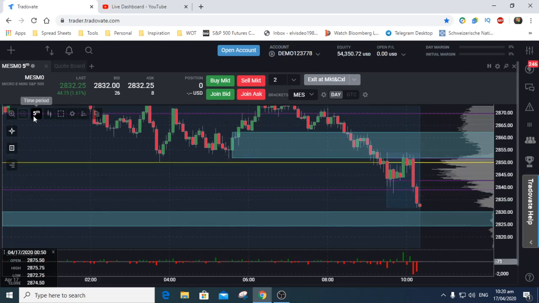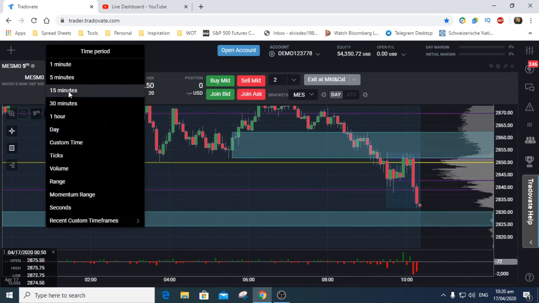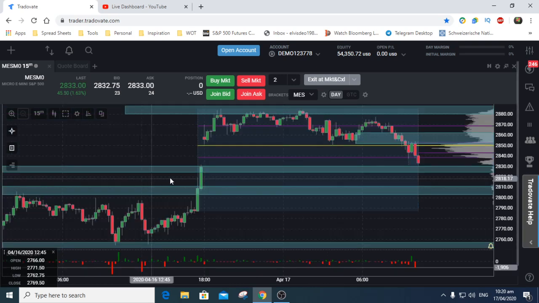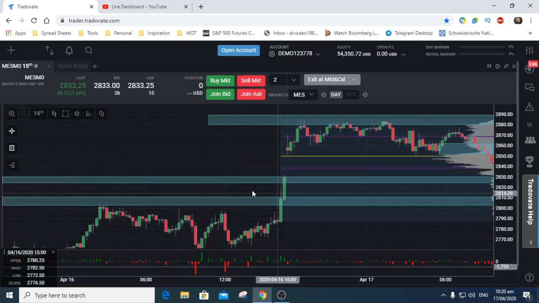Looking at the bigger picture, there is an area where you may see the inflection here. You may want to prop up a couple micros.